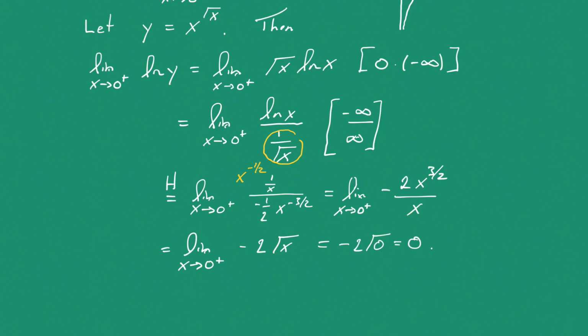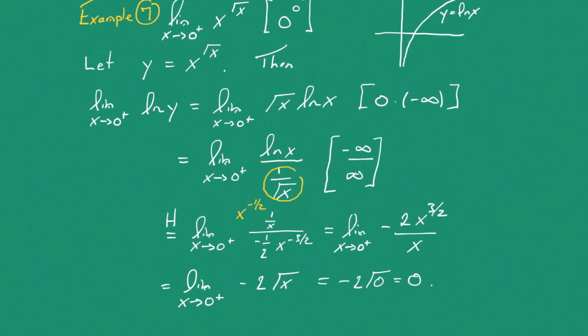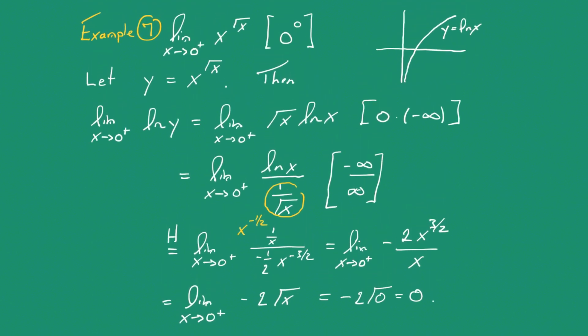But remember, this isn't the limit we were interested in. We were interested in the limit as x tends to 0 from the right of x to the root x. That's what we called y. So let's now find the limit as x tends to 0 from the right of x to the root x.